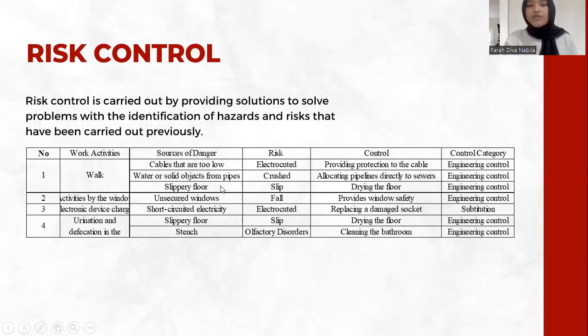The source of danger is electricity, and the risk is being electrocuted. The control is replacing the damaged socket, and the control category is substitution. The last work activity is urination and defecation in the bathroom. For the source of danger slippery floor, the control is drying the floor, and for the source of danger stench, the control is cleaning the bathroom. They have the control category engineering control.